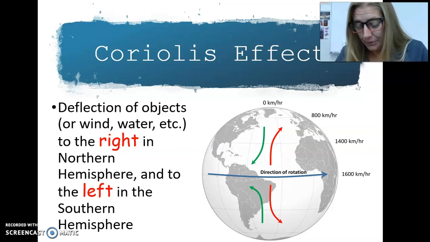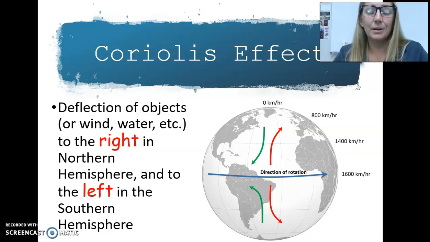And the Coriolis effect only applies to large masses, like a big mass of air or ocean water. It does not apply to the way your toilet flushes or the way your bathtub drains.